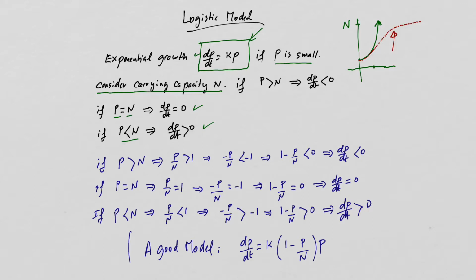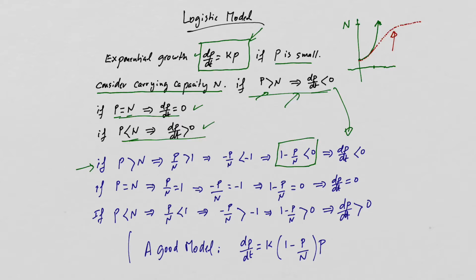Now, how do we put all of these together? I'm going to go back to the first one. So if P is more than N, then clearly P over N is more than 1. And if I multiply both sides by -1 and add 1, I get 1 minus P over N less than 0, which also means that the rate of change is less than 0.